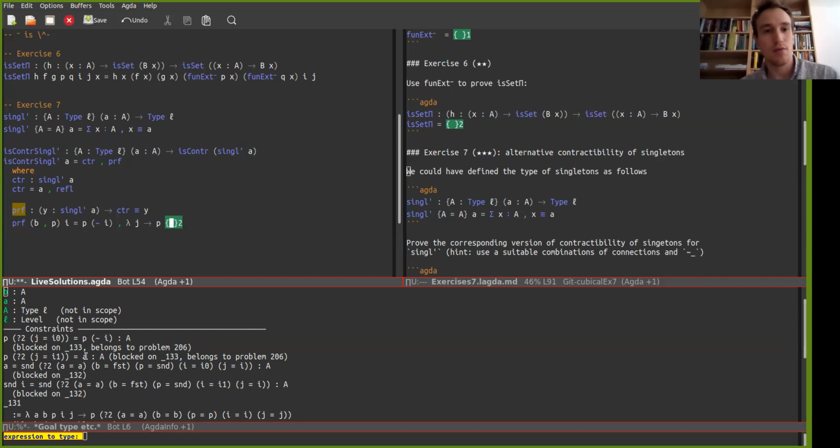P of, isn't it P of 1? Someone wrote in the chat that we know that P of I0 computes to A, but the way things are, P goes from B to A, so this is I1.